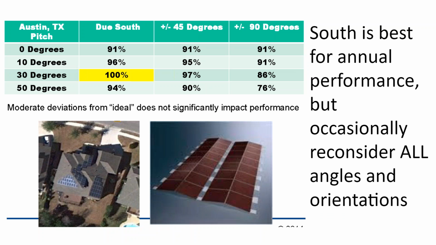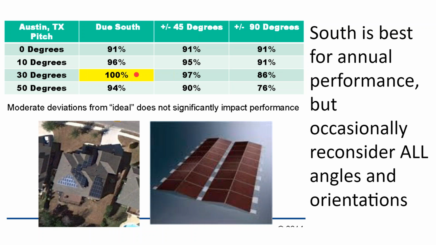So we're not tilted up at 30 degrees, we're tilted at 10 degrees. It might surprise you to know that if you tilt a solar panel from 30 degrees down to 10 degrees, you only lose about 5% of your production. Likewise, if you tilt it up by 20 degrees, you only lose about 5% of your production.